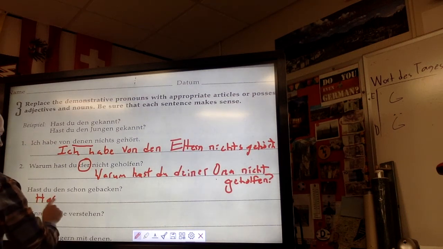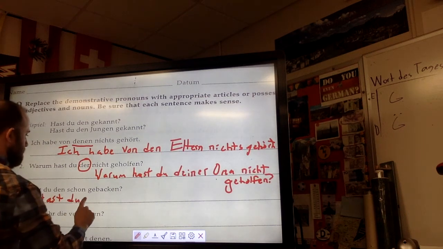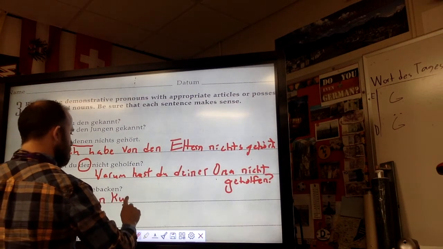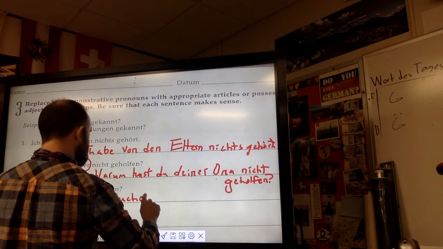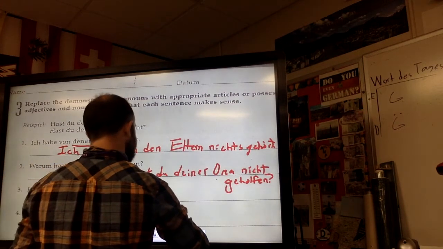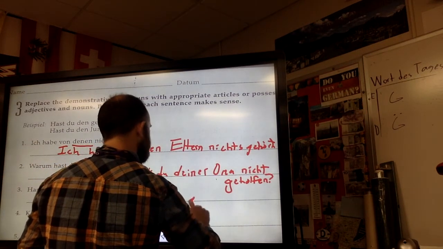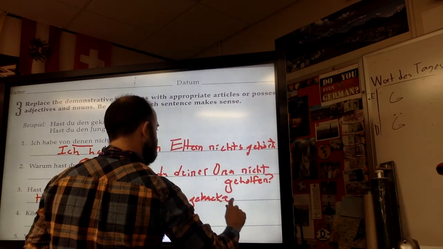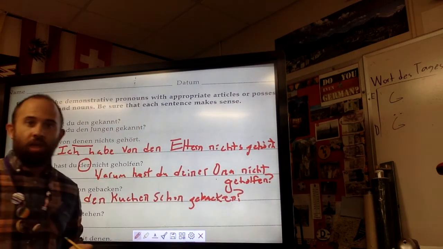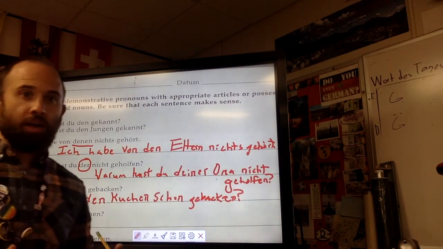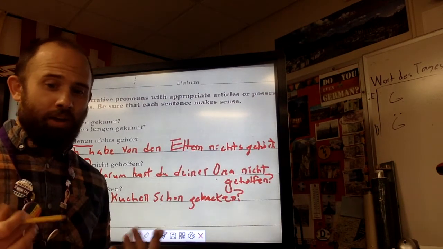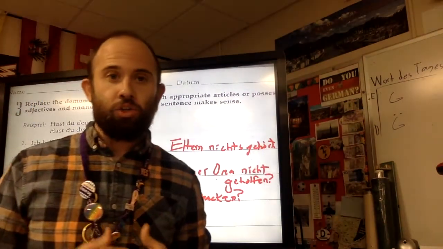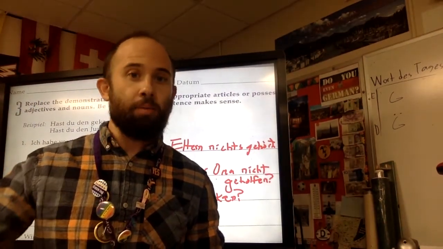I would have to say, hast du den Kuchen schon gebacken? Then if somebody said that, I could say, ja, den habe ich schon gebacken. Den habe ich schon gebacken.